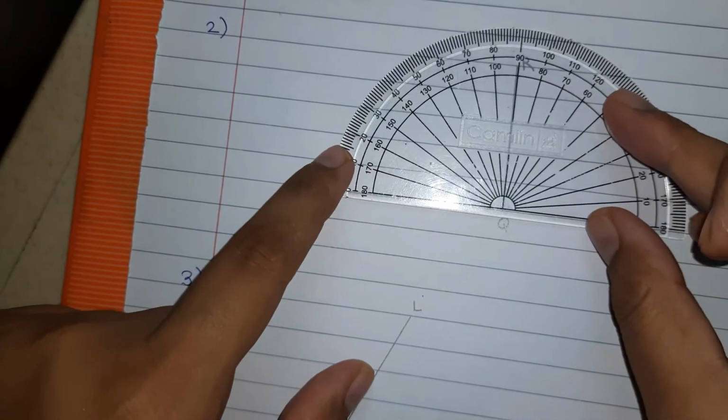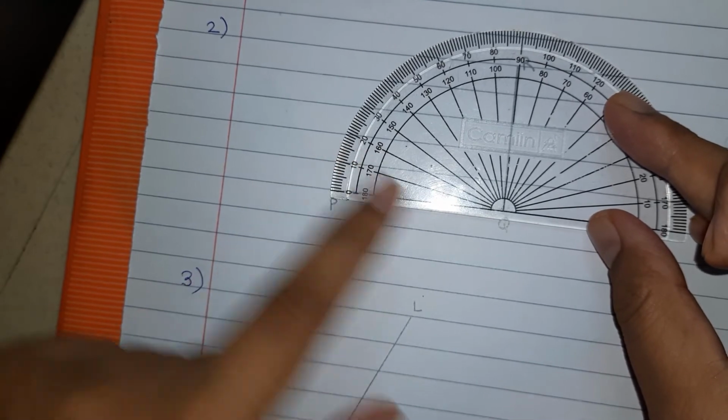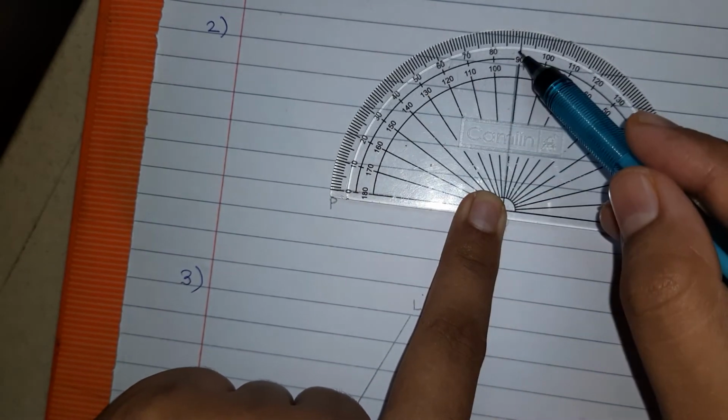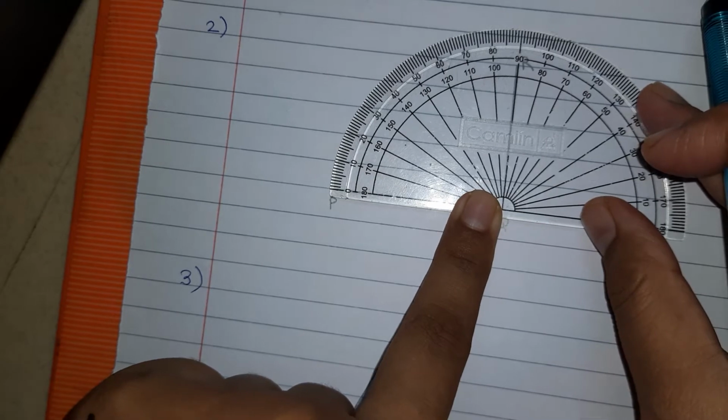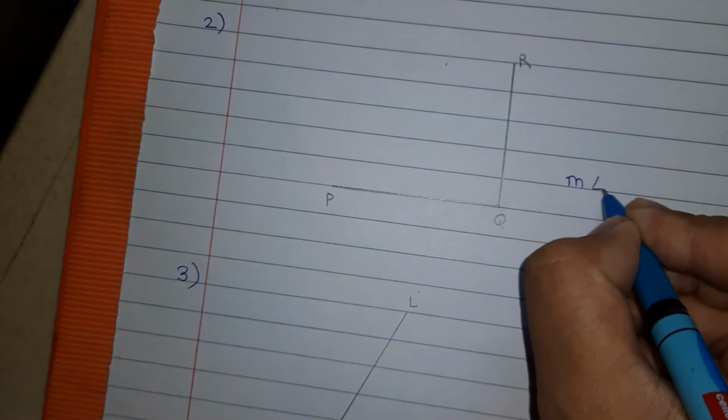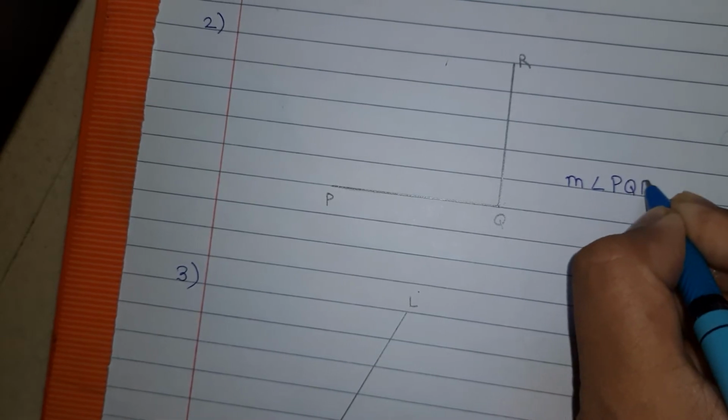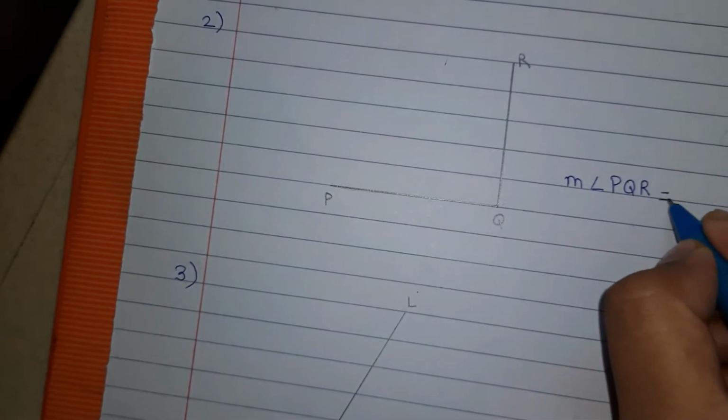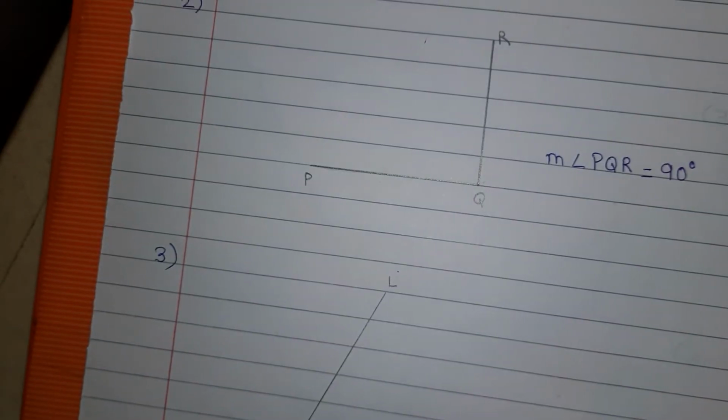So start counting from 0 and you will reach 90. So what is the measure of angle PQR? PQR is 90 degree. 90 degree means what? It is a right angle. You can observe it. 90 degree is a right angle.